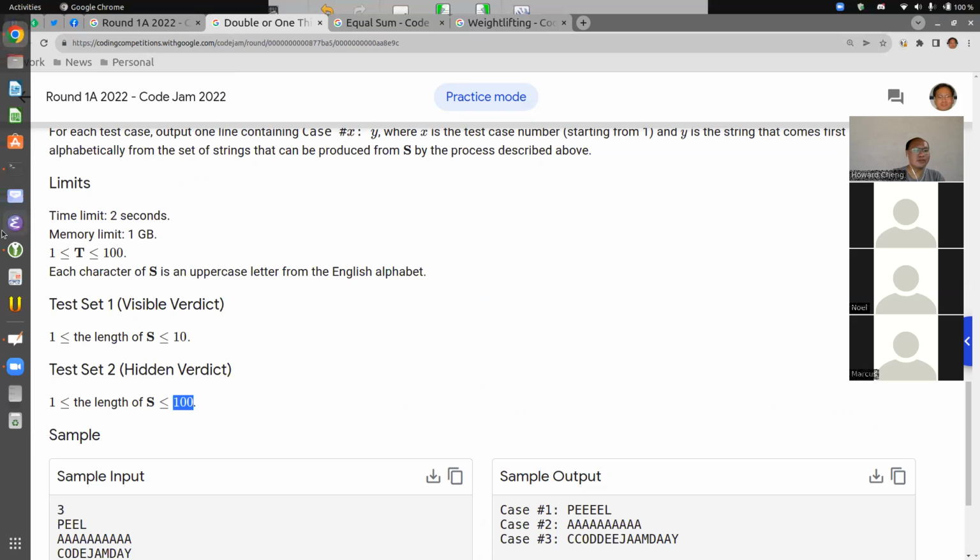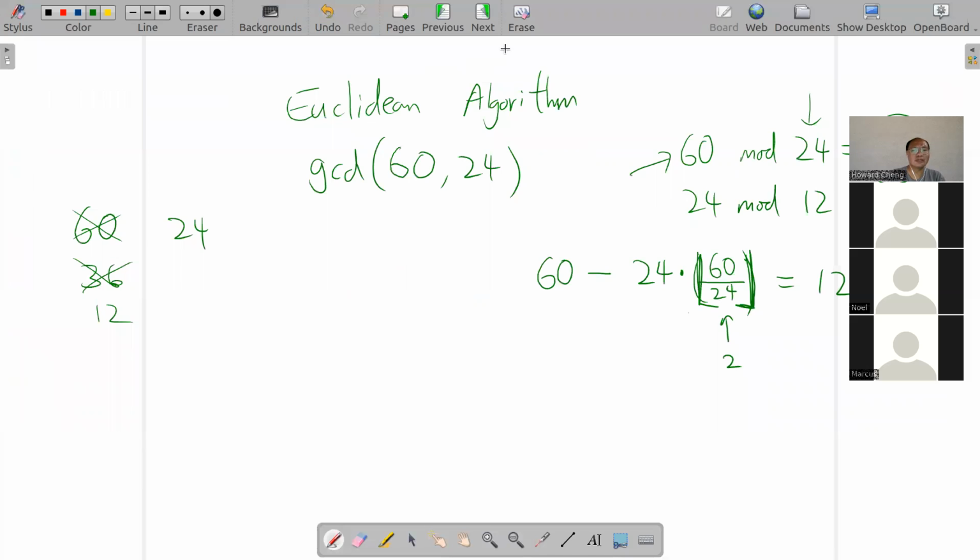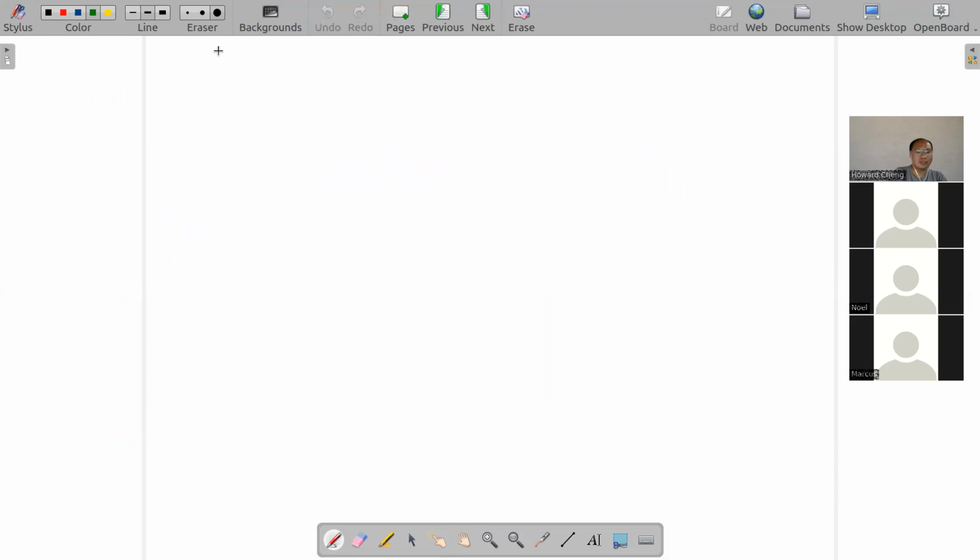Okay, let me just very quickly write this down. So let's say your string is Peel, right? This is your input, and you say, let's double everything up. That's the worst possible case, I guess. And then what the suffix array does, for people that don't know, it will take all the possible suffixes.